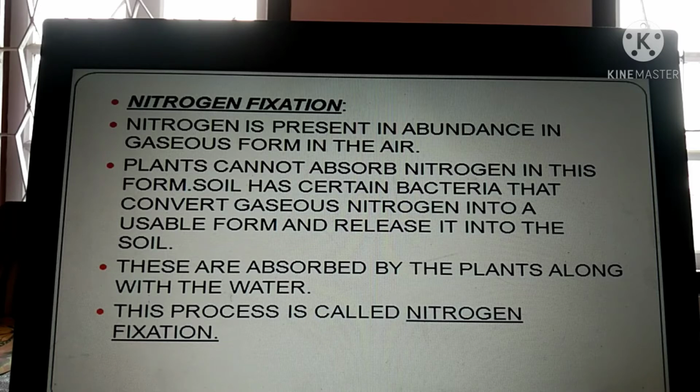Examples I can give you are the pea plant and the gram plant. These are leguminous plants, and they let the bacteria stay in their roots.